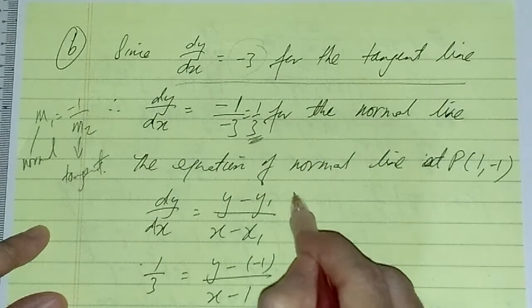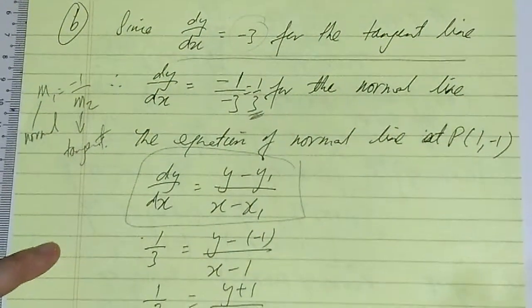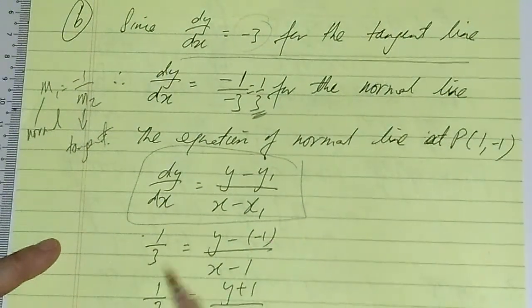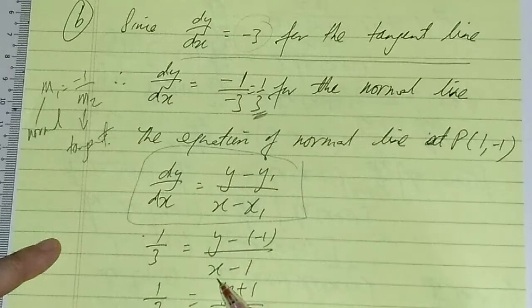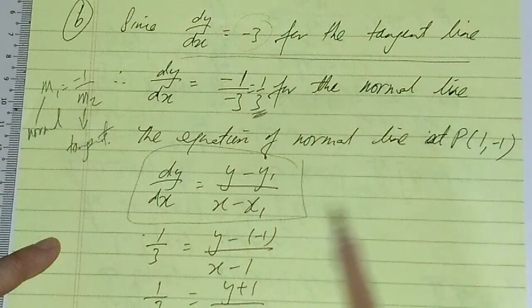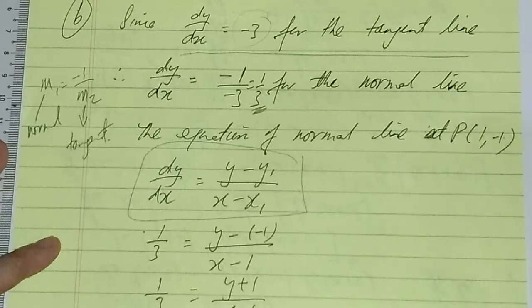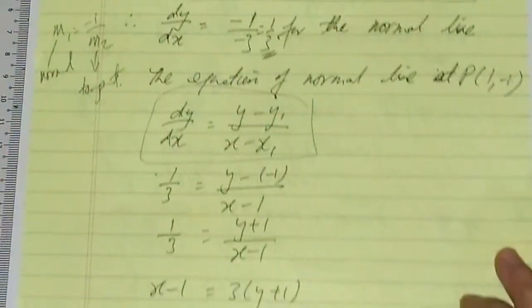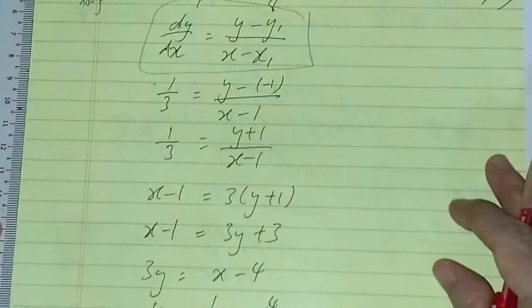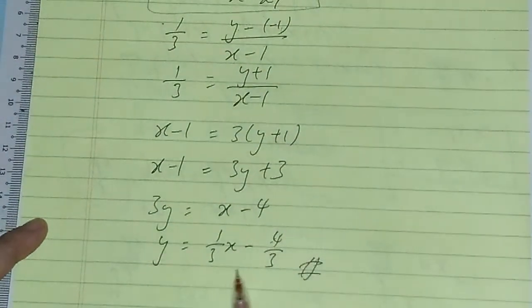Again, we make use of the equation of the line. So 1/3 equals y and x, because for the equation of the line we want it in terms of x and y, at this point 1 and minus 1. The subsequent step is just to tidy up the maths to get y in terms of x.